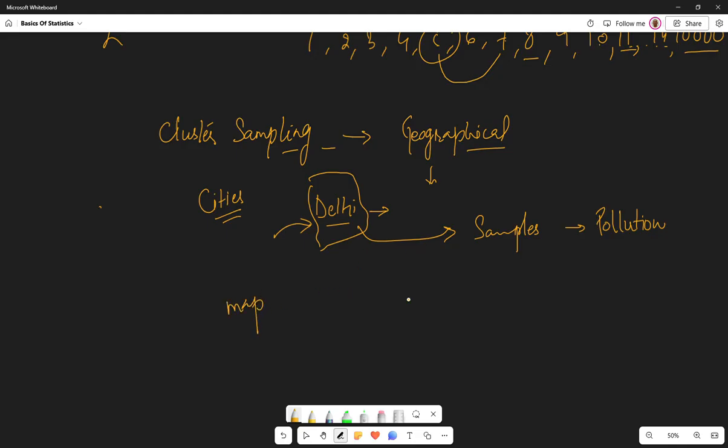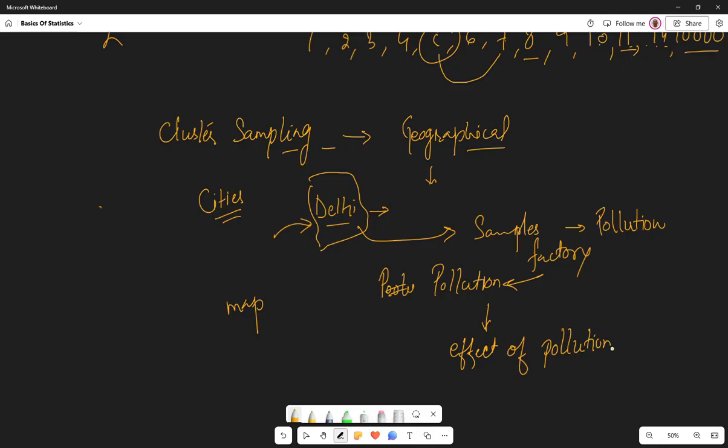What do we do? We map things. Suppose there is pollution coming from some factory, and I want to study the effect of the pollution from this industry.